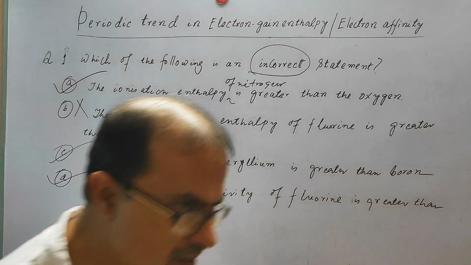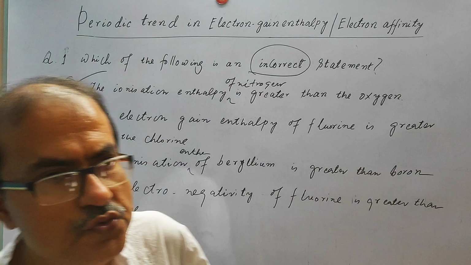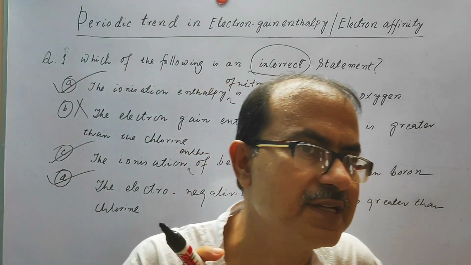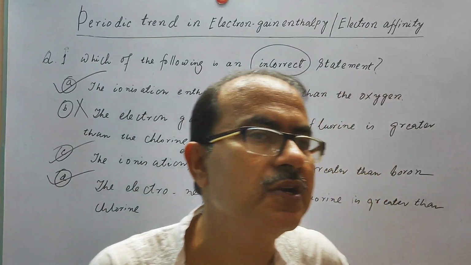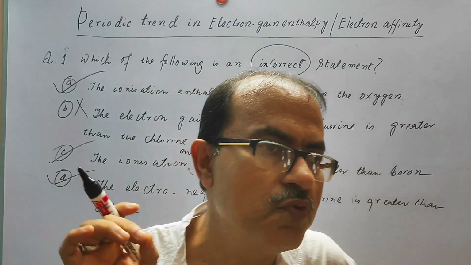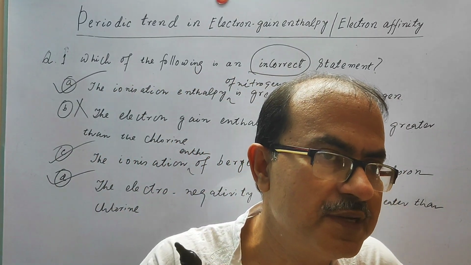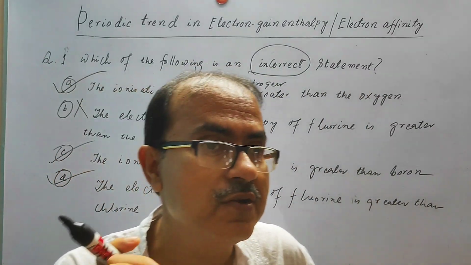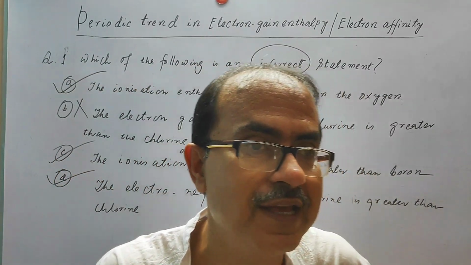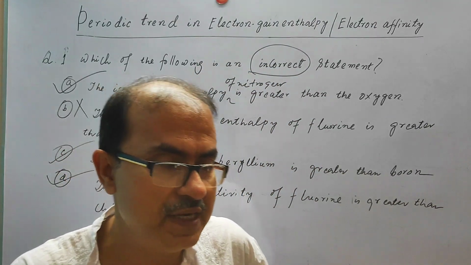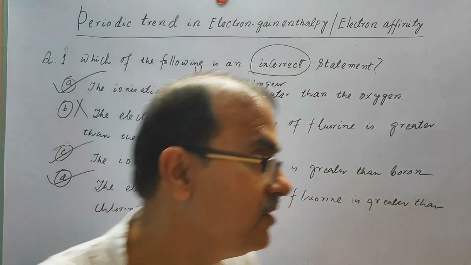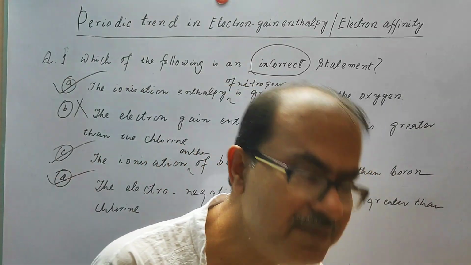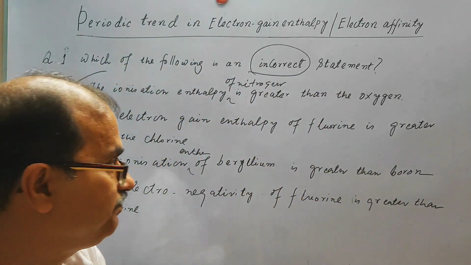We already explained that due to its very small size there will be repulsive interaction when we try to put some electron, as compared to chlorine, because chlorine's radius is much larger, so it can accommodate an electron very easily as compared to fluorine. That is the reason chlorine will have the higher negative electron gain enthalpy than fluorine.